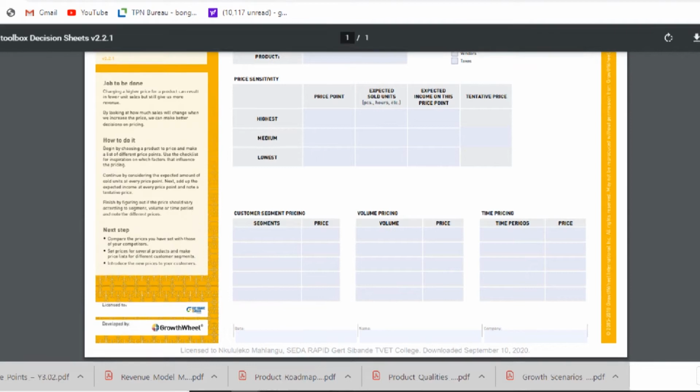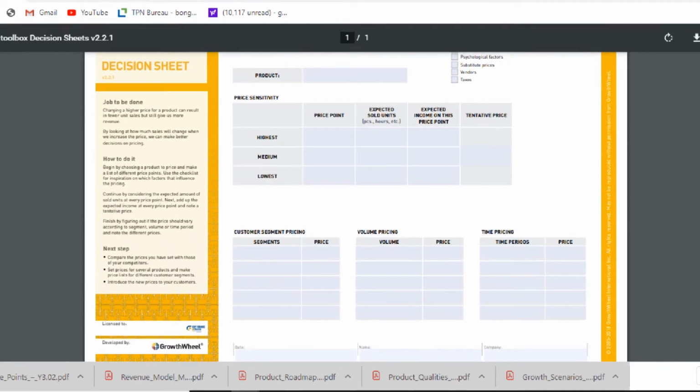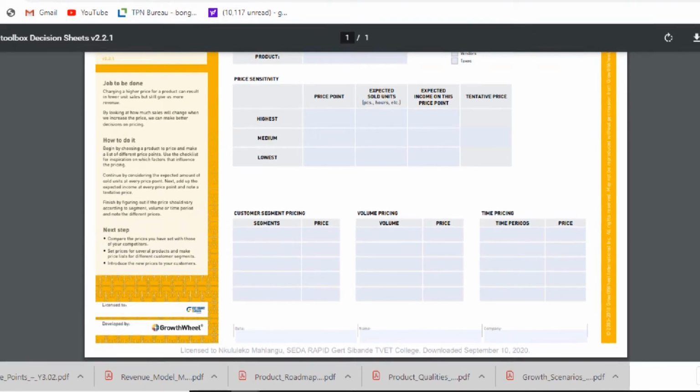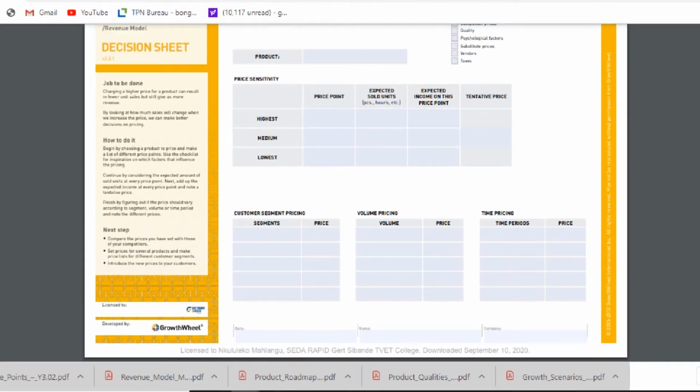Then there is something called customer segment pricing. Customer segment pricing simply means that you cater for different types of customers within the same product. I made an example in our previous session about a company that deals with poultry, chicken portions to be more specific.